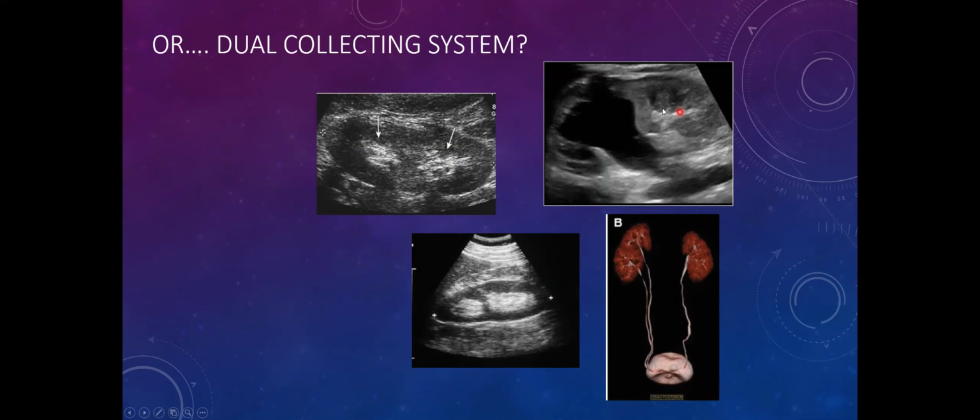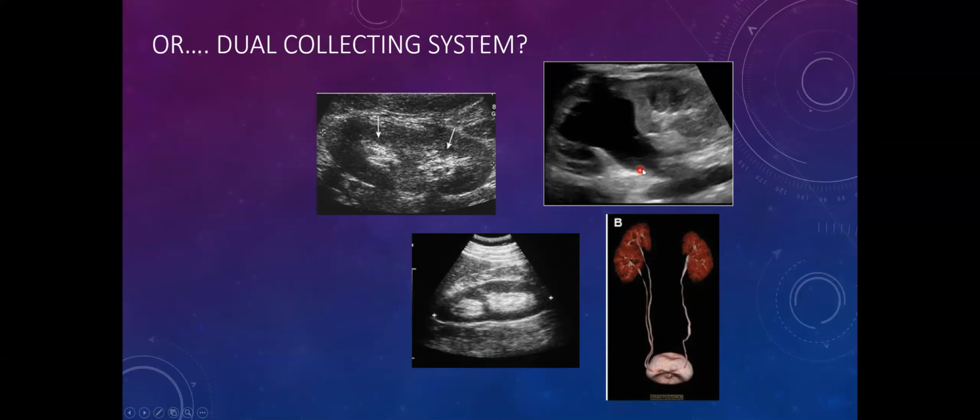Here's an example of a dual collecting system. The upper pole moiety has hydronephrosis and a little bit of hydroureter. That's actually aorta here, but the hydroureter comes down a little bit. Given the reason for hydronephrosis, the hydroureter probably goes all the way down to the bladder.